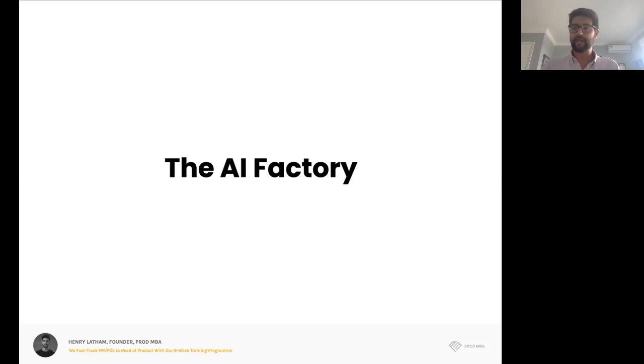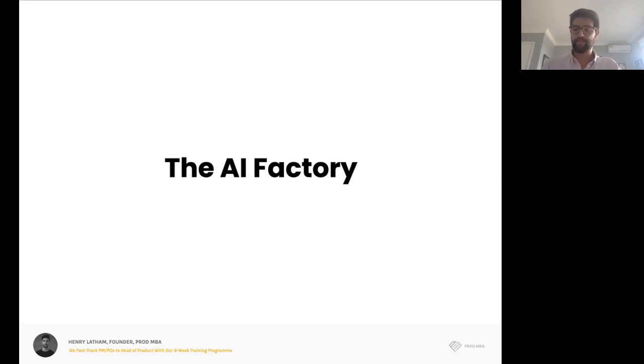So we're going to delve into the case of Alipay in a second, just to show you how some of these top companies are operating. But first, what is an AI factory? Behind the successful business and operating models of companies like Ant Financial, and Netflix is another one, lies what we call automated business intelligence. According to the authors of Competing in the Age of AI, Iansiti and Lakhani, they call this the AI factory.